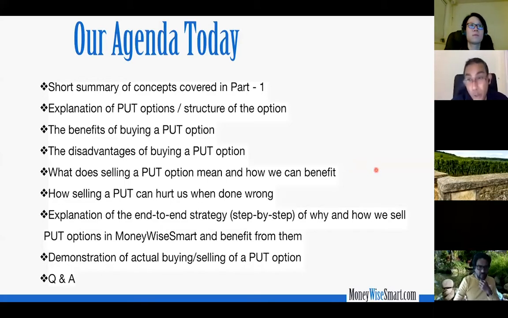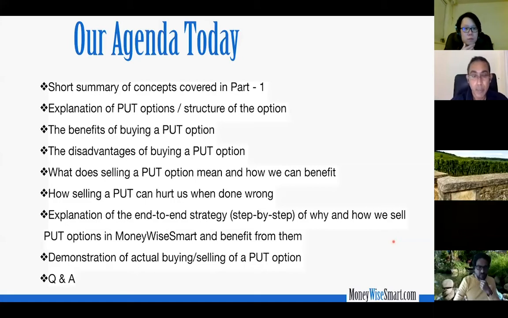And unfortunately, I would say the majority of the people who sell options do it wrong because they don't keep an eye on the risks. Then I'm going to explain the end-to-end strategy of why and how we sell put options in MoneyWise Smart and how we benefit from them while keeping an eye on the risk.